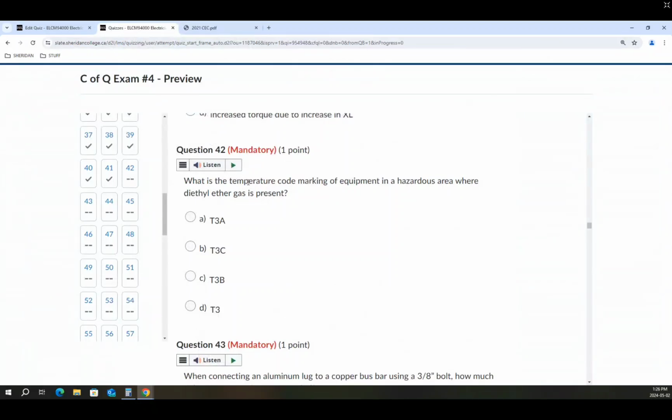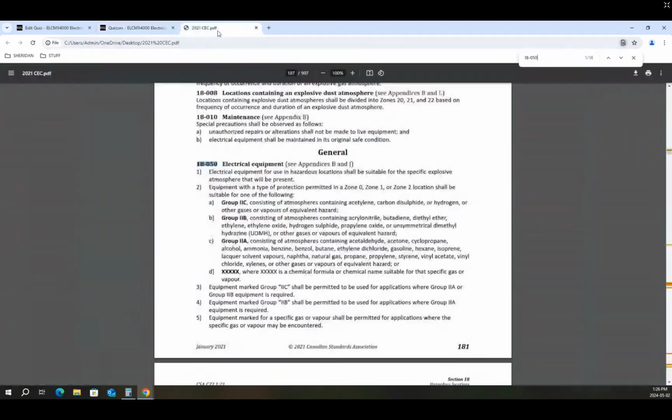Electrical equipment for use in hazardous locations shall be suitable for the specific explosive atmosphere that will be present.